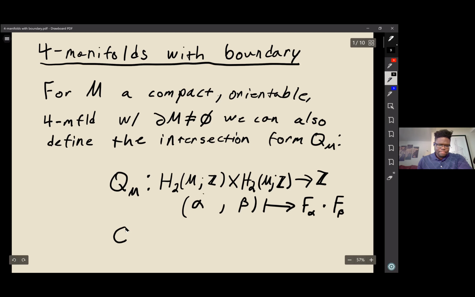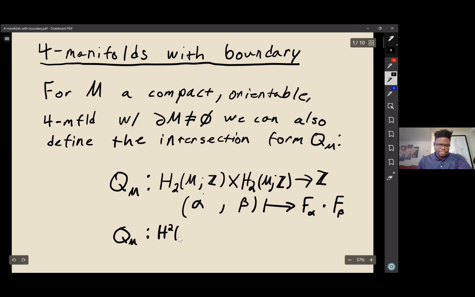And this is also, by Poincare duality, equivalent to an intersection form or a symmetric bilinear pairing on cohomology.